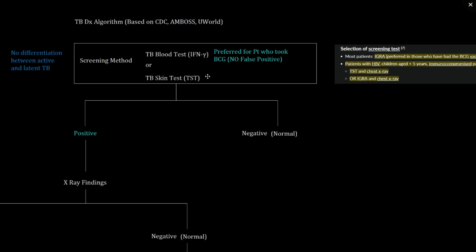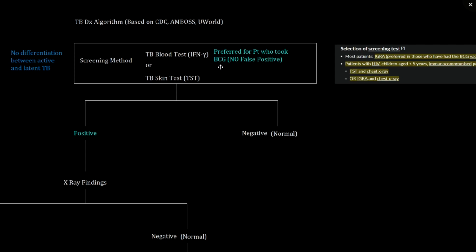Okay, so it goes without saying, you will understand that this type of test might come up falsely positive in patients who took the BCG vaccine, because the same PPD is going to be part of the BCG vaccine. The BCG vaccine, for those who do not know, is basically a different strain of mycobacteria.